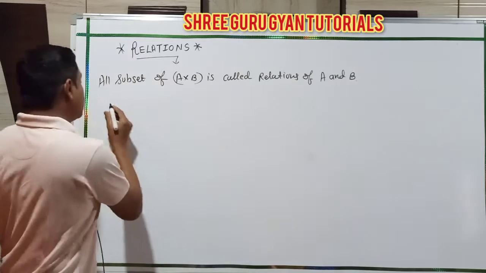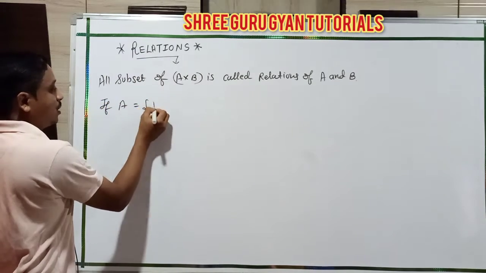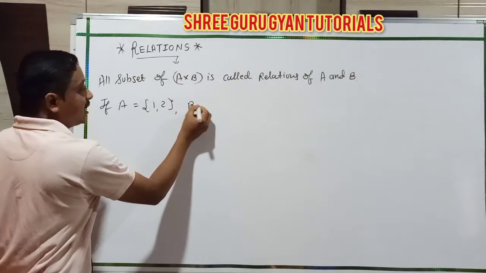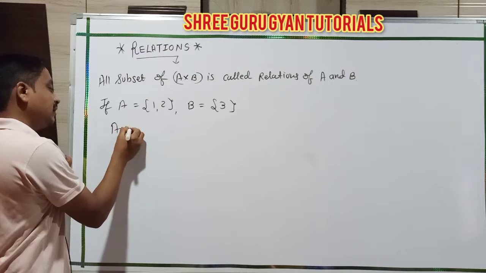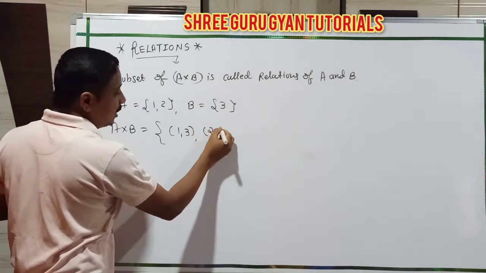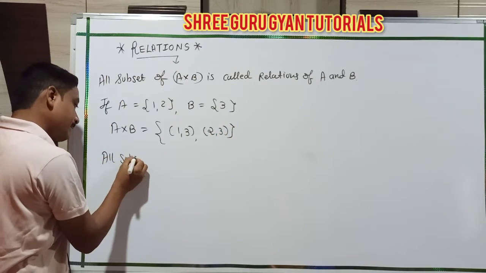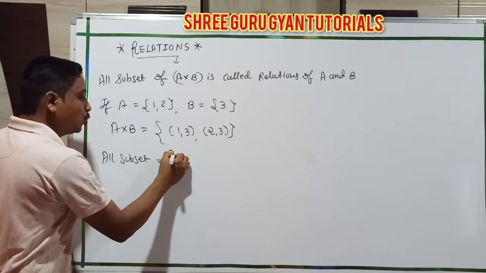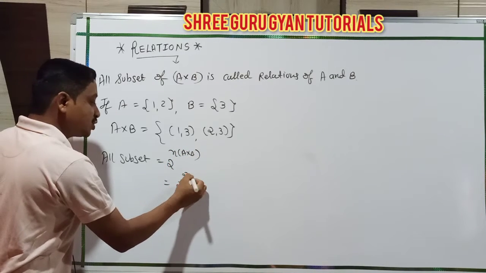Just like, for example, if I take set A as {1, 2} and B as {3}, surely you know what A cross B is: (1, 3) and (2, 3). So all subsets: the formula you know is 2 raised to the number of elements, 2 raised to 2.